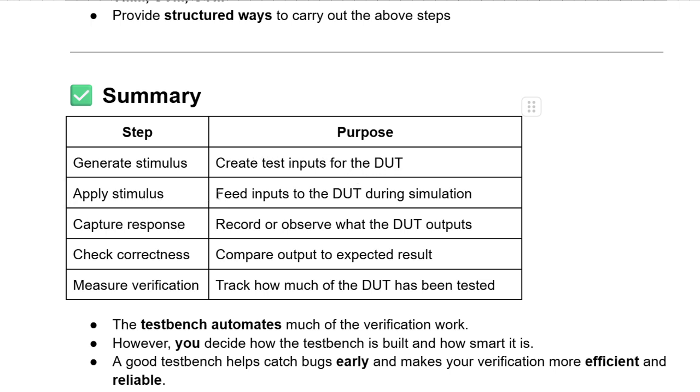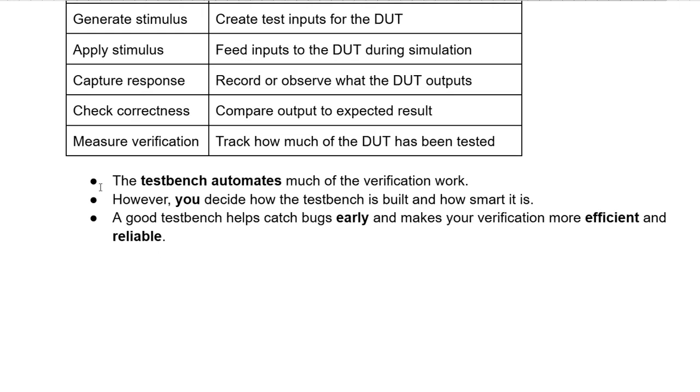Apply stimulus: feed the inputs to the DUT during simulation. Capture response: record or observe what the DUT outputs. Check correctness: compare the output to the expected results. Measure verification: track how much of the DUT has been tested.